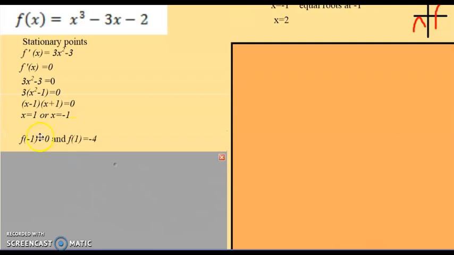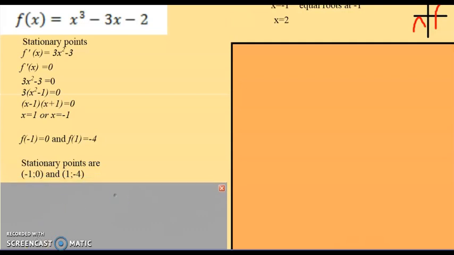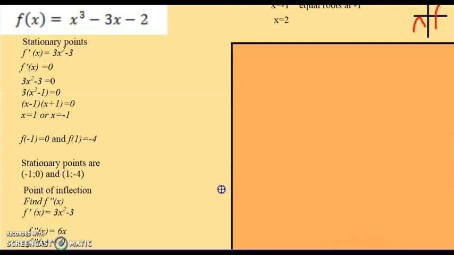So f of minus 1 gives me 0 and f of 1 gives me negative 4. That means my stationary points are negative 1 and 0, and 1 and negative 4.